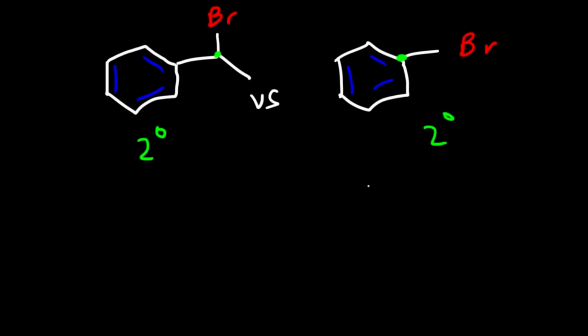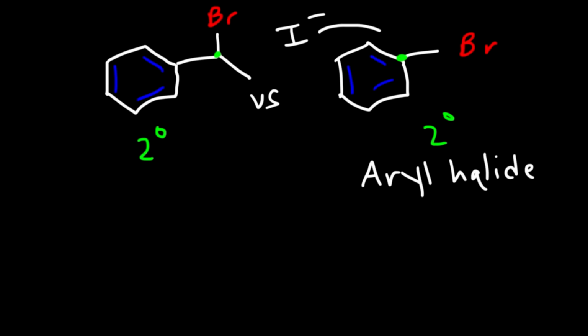On the right, we have something called an aryl halide. You need to know that the aryl halide does not work well for an SN2 or an SN1 reaction. And the reason being, in order for the SN2 reaction to work, the iodide ion has to attack this carbon. However, the pi electron cloud of the benzene ring prevents that from happening.